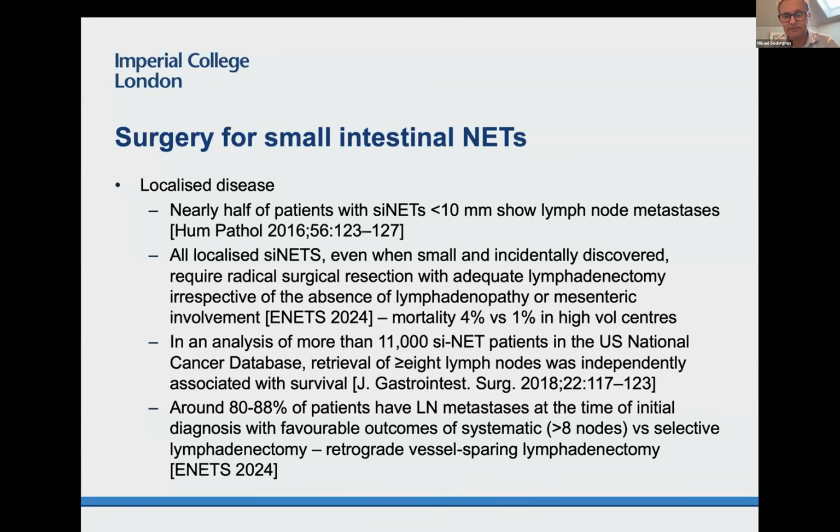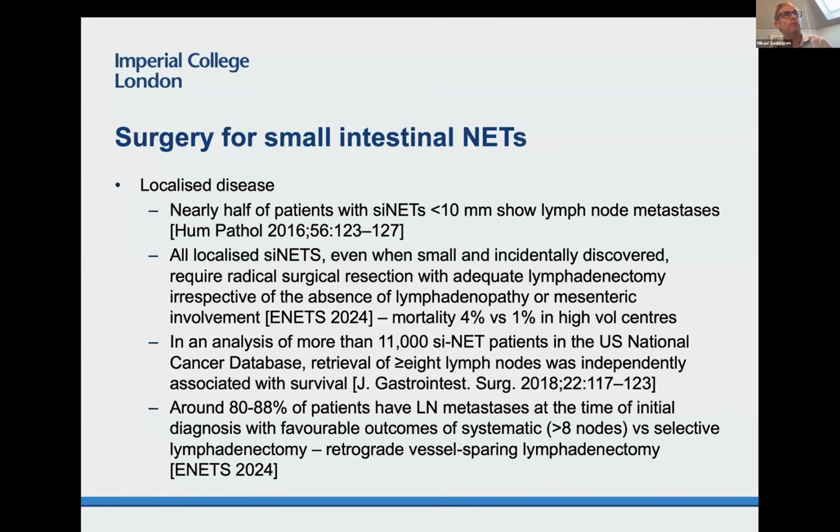This is an analysis from 2018, but this is present in the ENET guidelines of 2024. This was an analysis of 11,000 patients, but really the guideline is that you need to retrieve at least 8 lymph nodes in your lymphadenectomy, and that's independently associated with survival. So we know that a lot of patients are going to have lymph node metastasis.